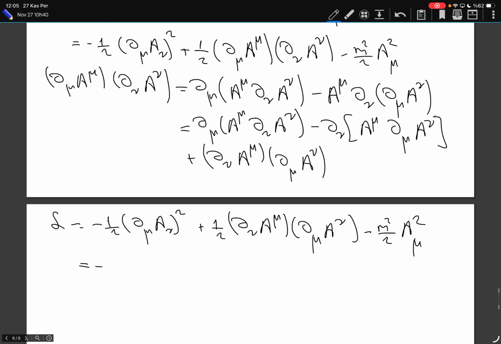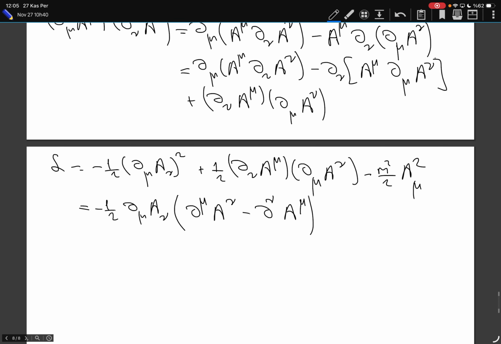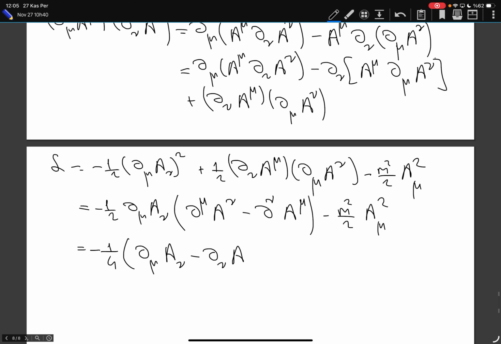Well, which will be minus 1 over 2 del mu A nu, and what will remain will be del mu A nu minus del nu A mu, minus m squared over 2 A mu squared, which will be minus 1 over 4 (del mu A nu minus del nu A mu)(del mu A nu minus del nu A mu).